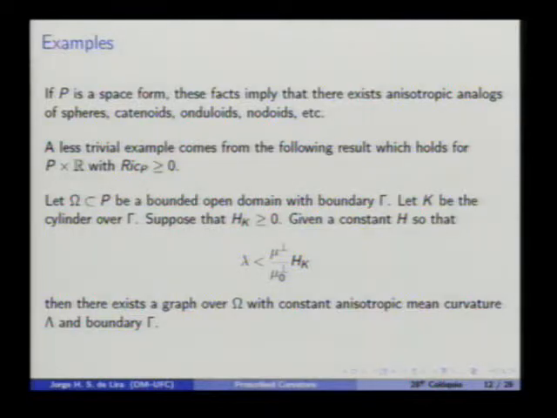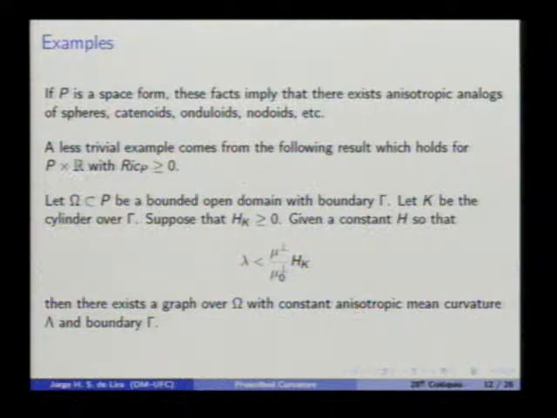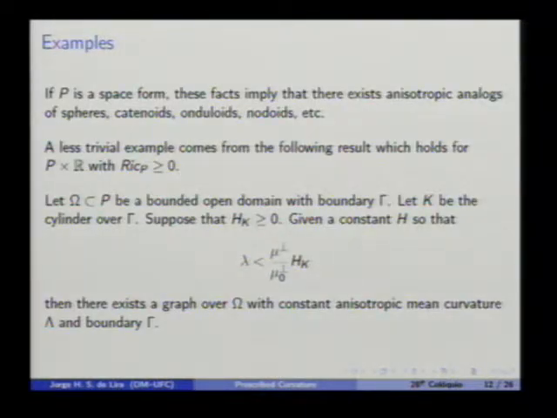So we have this graph with this constant mean curvature and boundary gamma. It's a trivial boundary. The boundary of the domain is the boundary of the graph. It's just a toy result in this direction of more complex examples. In this statement, this m_i corresponds to the eigenvalues of this Hessian matrix of F.